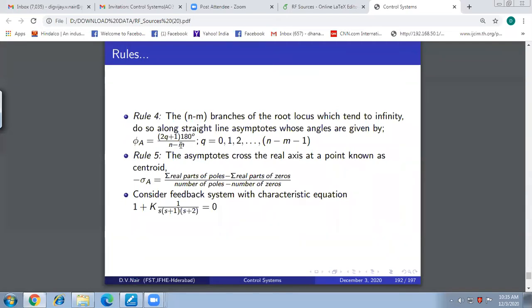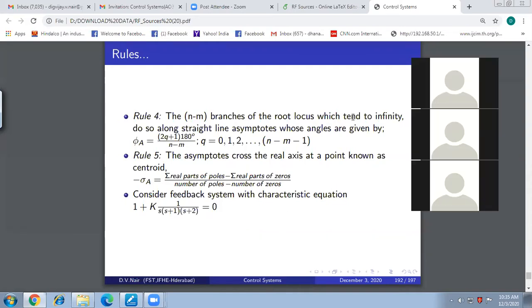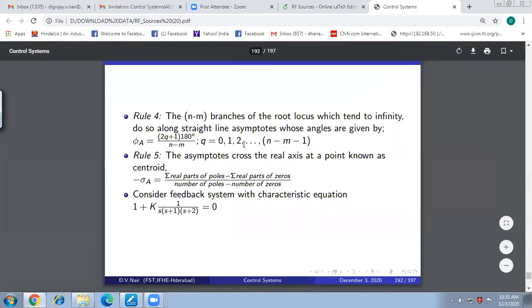The asymptotes are just to obtain in what direction these branches have to grow to reach infinity. And these angles would be obtained by this particular expression here.